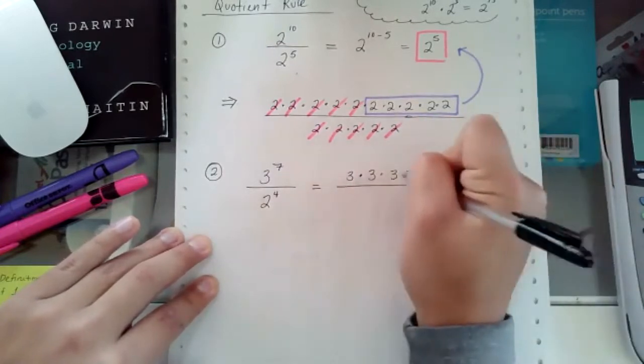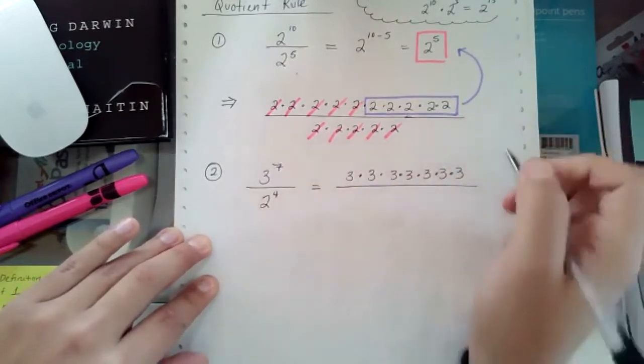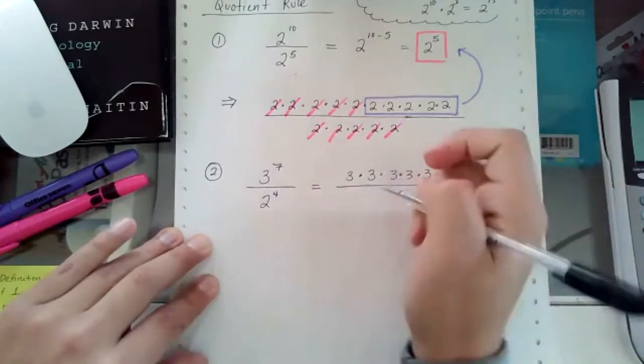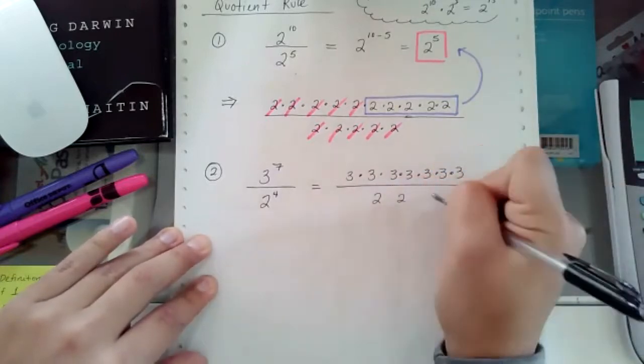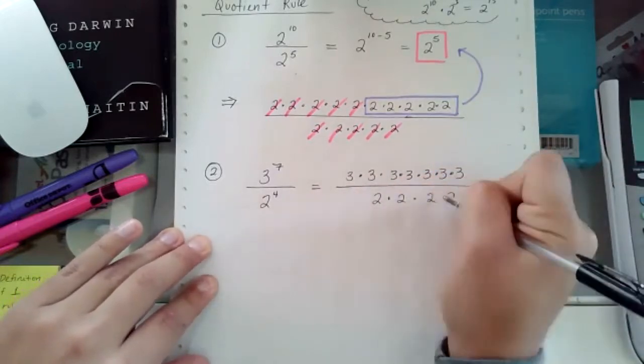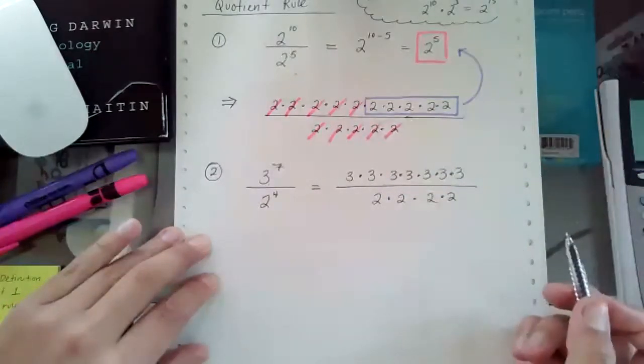And those are being multiplied, since that's the definition of exponents, at least the way we understand them now. Then 2, 2, 2, 2.